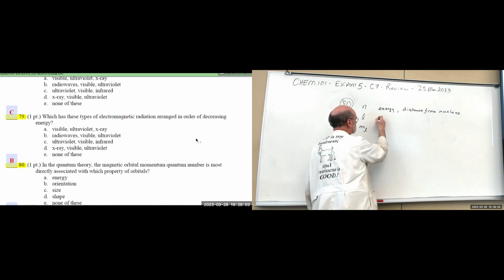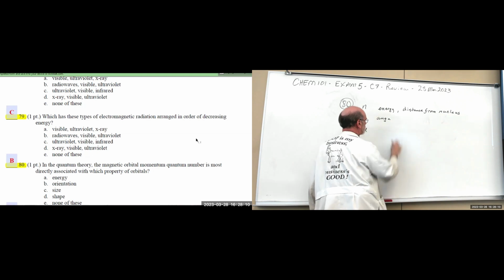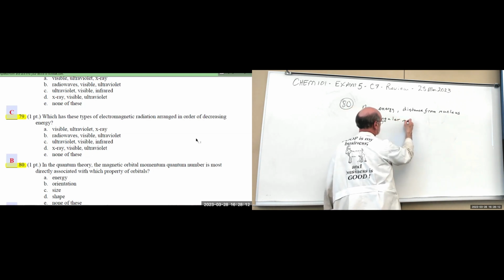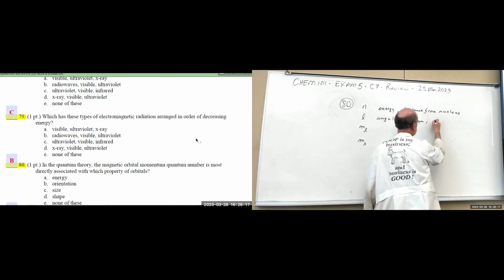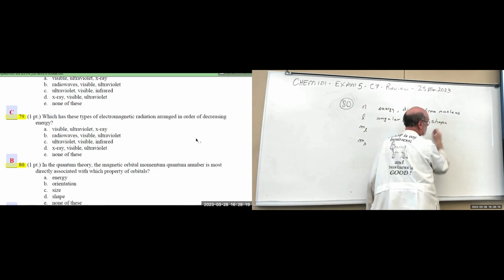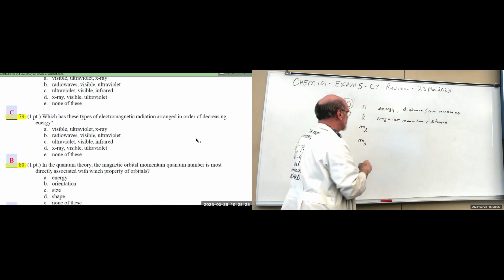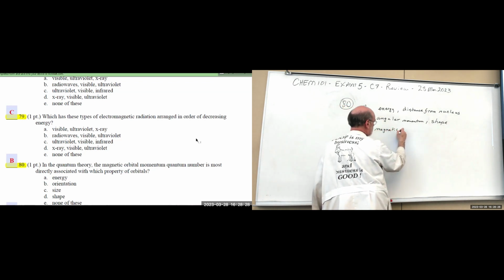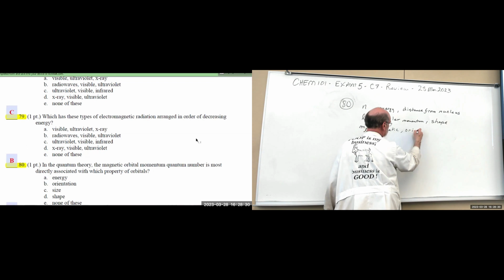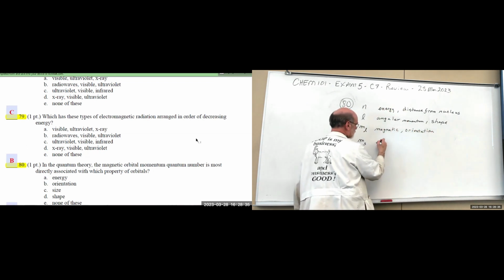Yeah, this is angular momentum, and this is associated with shape. Okay, this is magnetic, and this is associated with orientation. And this is electron spin.